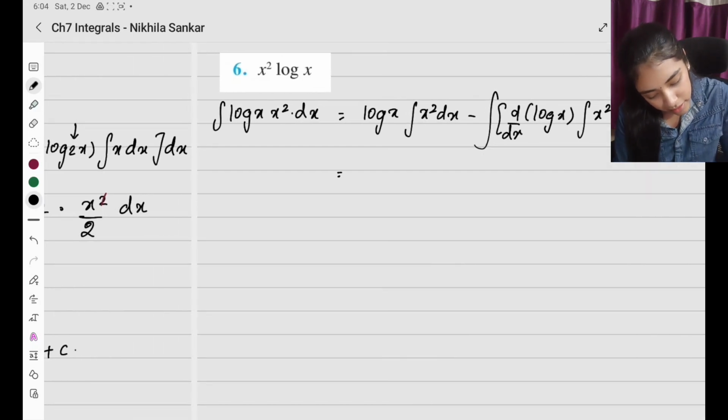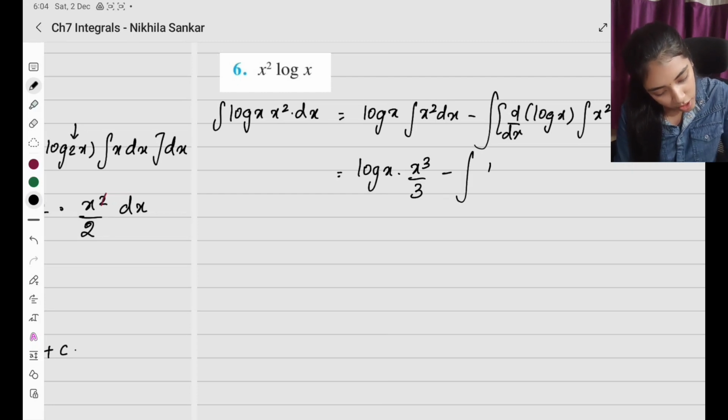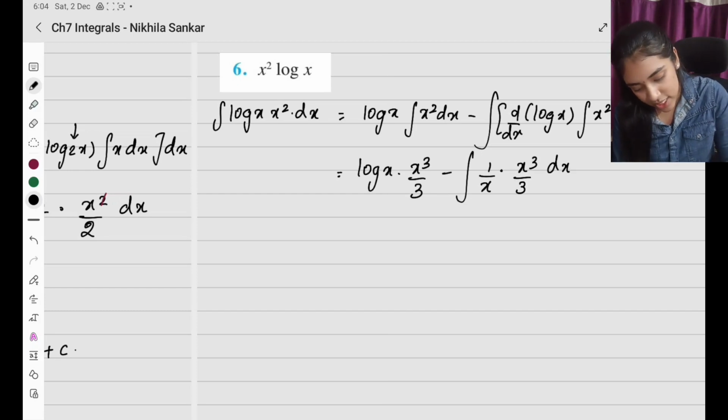And I simplify, log x times x square dx வந்து x cube by 3 minus integral of log x என்ன 1 by x times x square is again going to be x cube by 3 times dx. So this I can cancel. I have x square. Okay, x cube cancel panna x square.